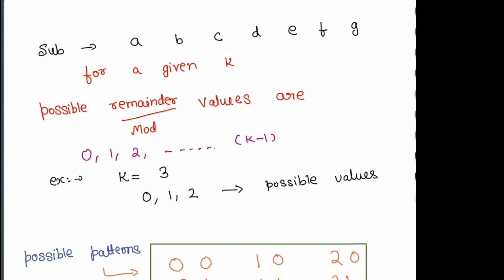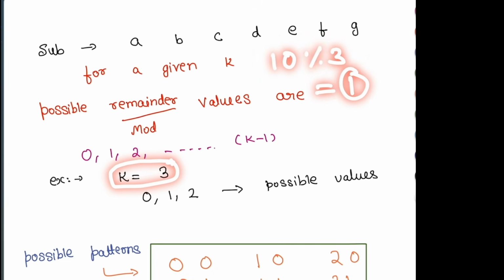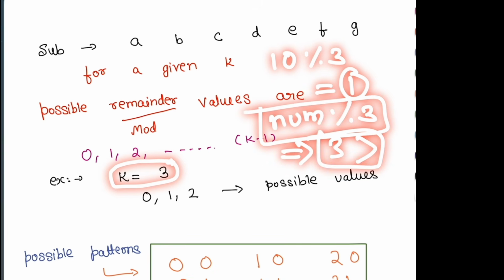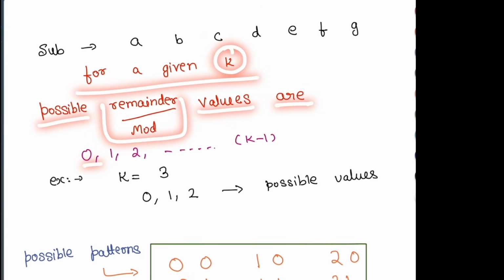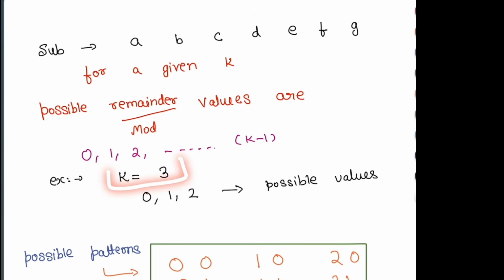The mod values cannot be equal to or more than K. For example, if the value of K is 3, and my number is 10, 10 mod 3 will be equal to 1. You cannot find any number with which you take a mod with 3 and the value will be more than 3. When you take the mod, it will always be less than 3 starting from 0. So for a given value of K, the possible remainder or mod values are 0, 1, 2 up to K minus 1. So for K equal to 3, the possible mod values are 0, 1 and 2.